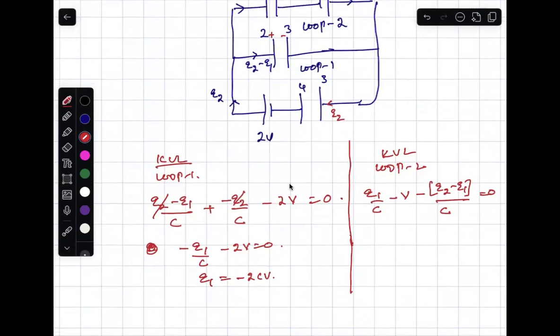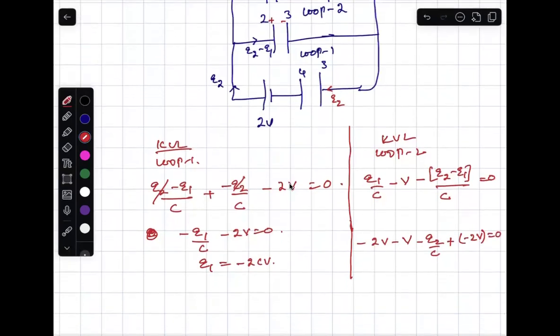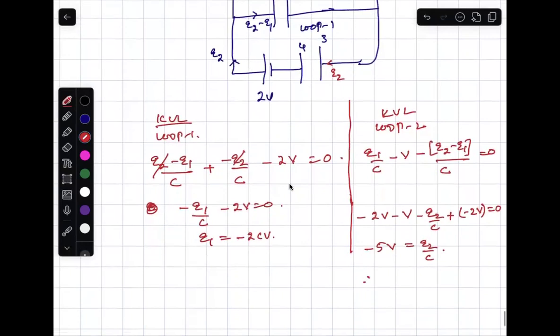So Q1 by C can be written as minus 2V minus V, minus Q2 by C plus Q1 by C. Plus Q1 by C, minus of minus is plus. Plus Q1 by C is again minus 2V is equal to 0. Any doubt? Sure? Minus 2V minus V minus 2V, minus 5V is equal to Q2 by C. So therefore Q2 is minus 5CV.